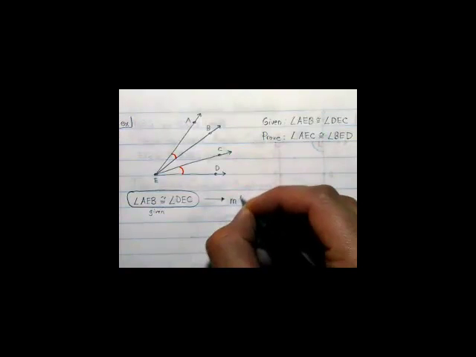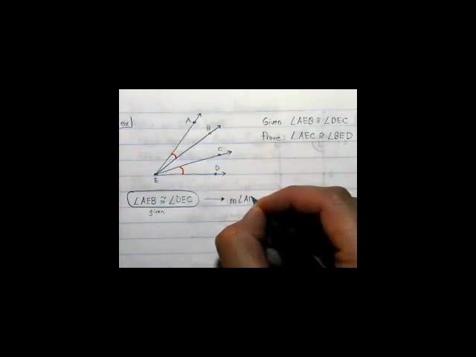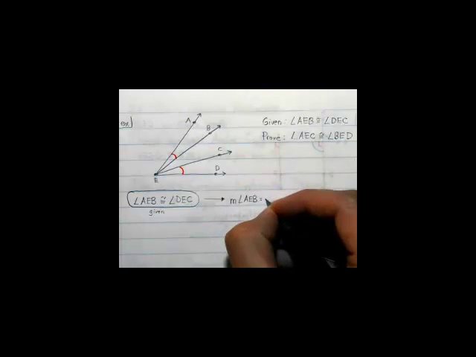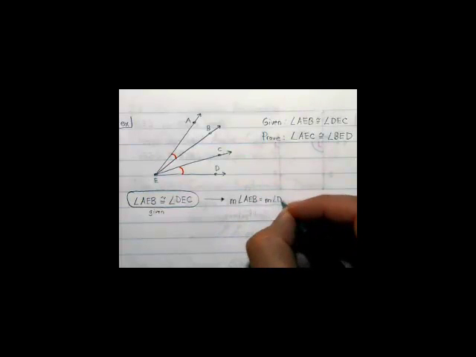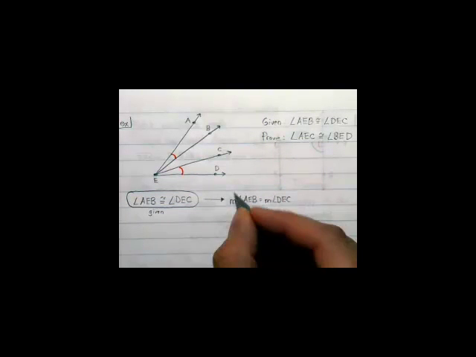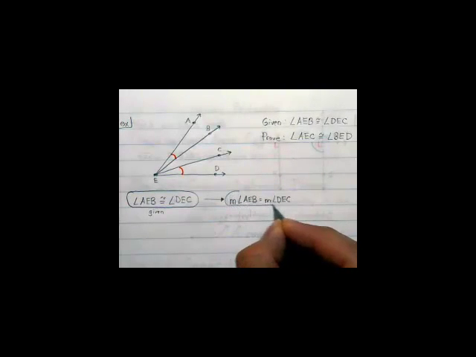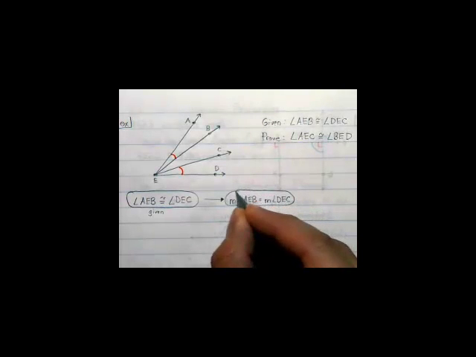So the measure of angle AEB is equal to the measure of angle DEC. Okay, and how do we know that? How can we switch from congruent to equal? Definition of congruent. Yep.